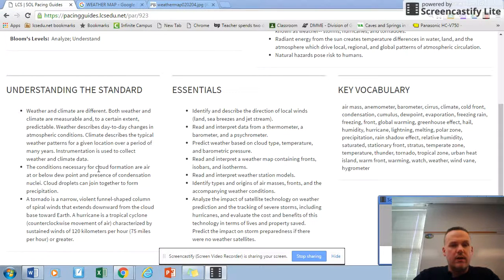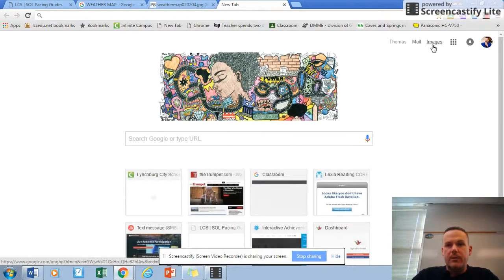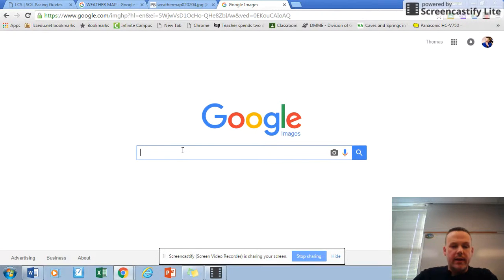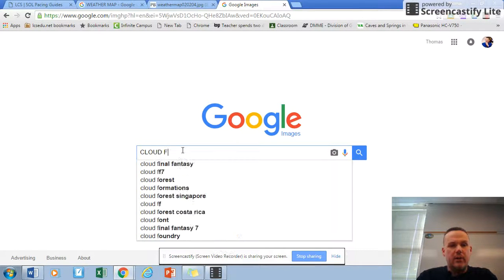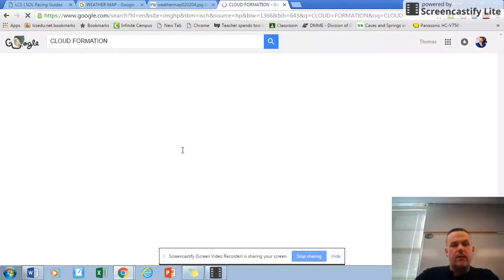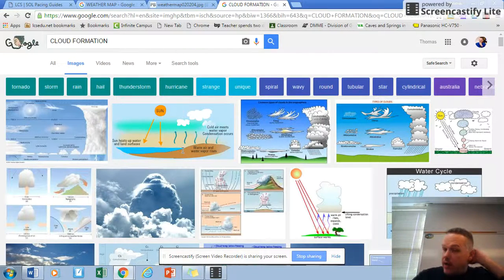The conditions necessary for cloud formation are air below the dew point. So basically, what's going on is when a cloud is being formed, maybe I can pull up an image right here. So cloud formation. When clouds are being formed, you have warm, moist air going up, and as it goes up in the atmosphere, it gets colder, and the warm, moist water vapor starts to condense.